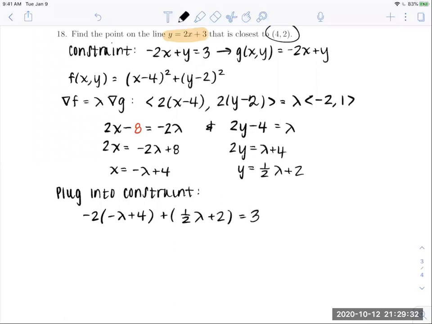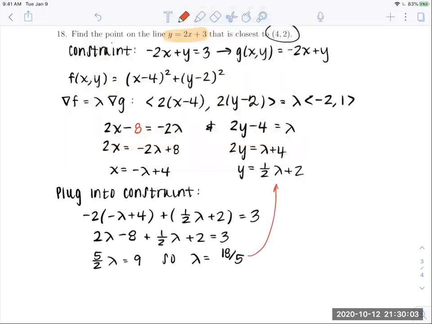Let's go ahead and simplify. I have 2 lambda minus 8 plus 1/2 lambda plus 2 equals 3. So I have 5/2 lambda equals 9. So lambda equals 18/5.